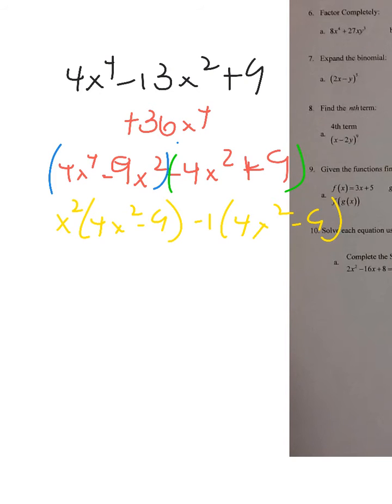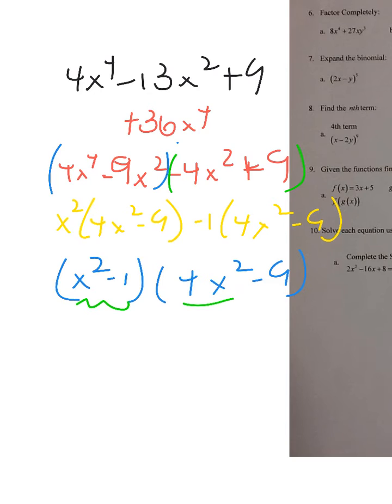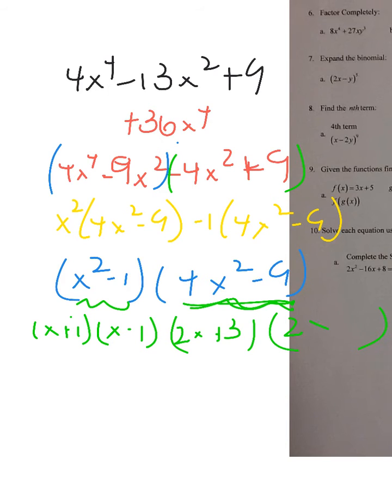So now my factors are x squared minus 1 and 4x squared minus 9. And then I can factor again. This is a difference of squares, and so is this. So x squared minus 1 becomes x plus 1, x minus 1. And then the second one is 2x plus 3 and 2x minus 3.